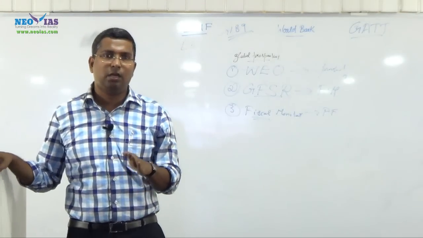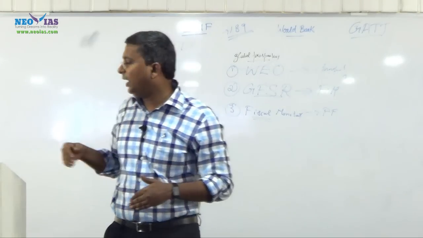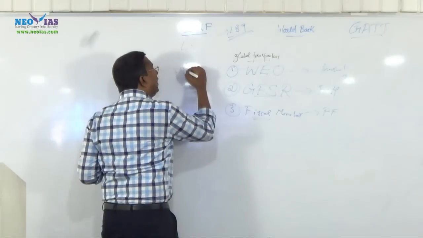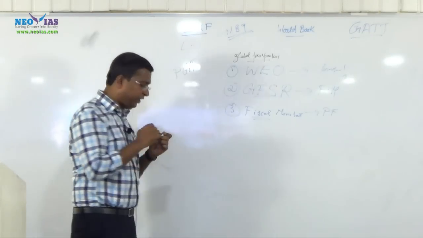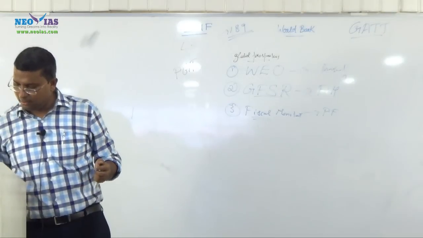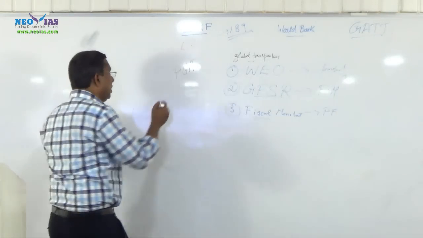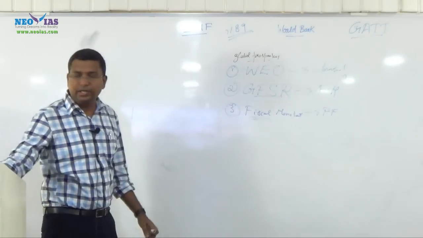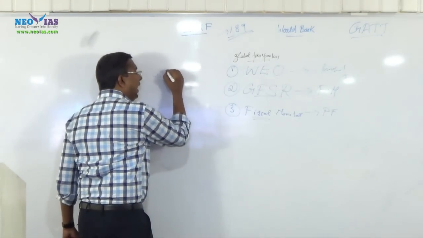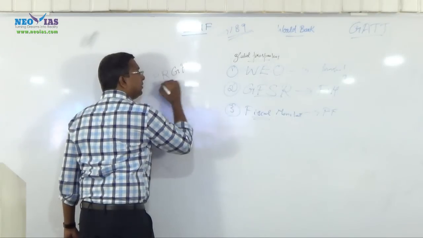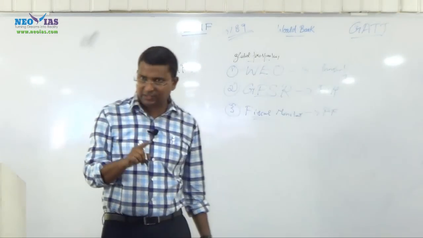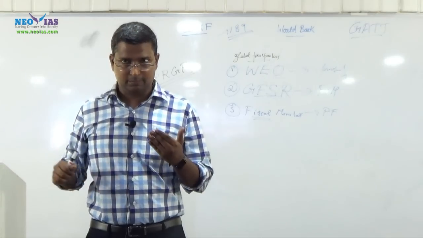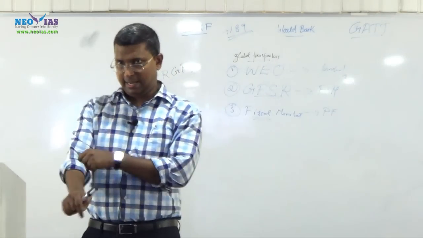Along with that, it also provides a facility called the Poverty Reduction and Growth Facility, PGF. This is another loan facility provided by the IMF to its poorest member countries.